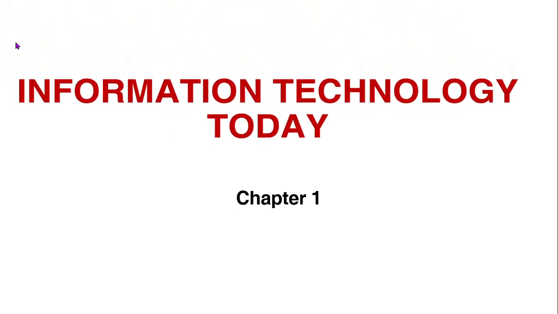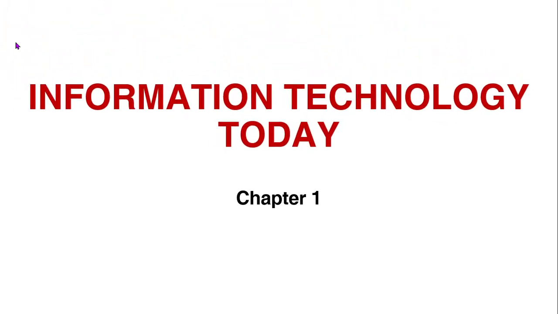You find that the slide will come in, but with no content. If you use the down arrow, it starts bringing content one by one. Maybe you're doing a presentation, so you tell your audience, we are going to look at chapter 1, and the title of our chapter 1 is Information Technology Today.